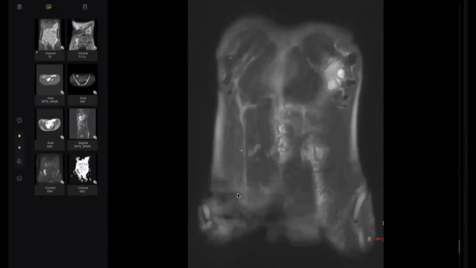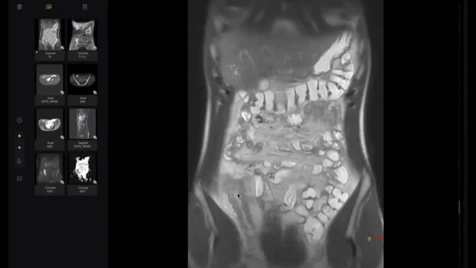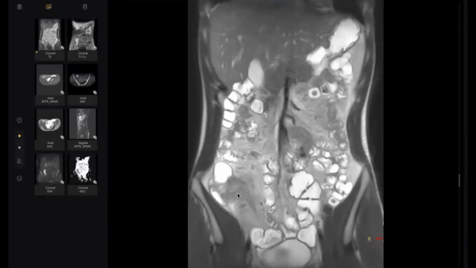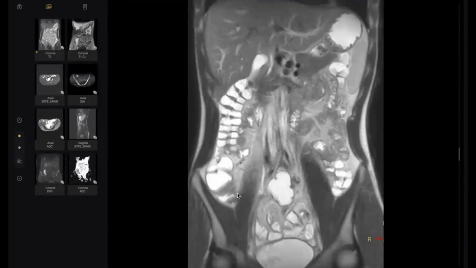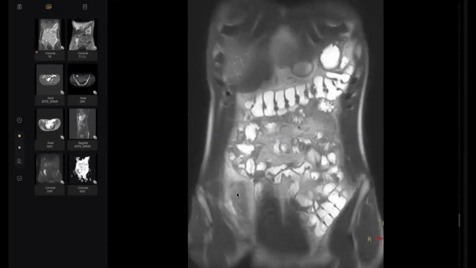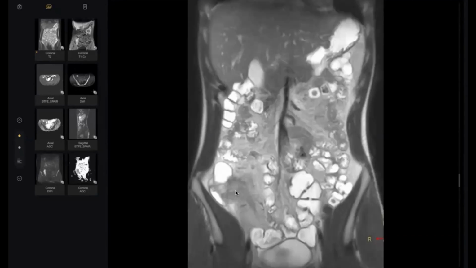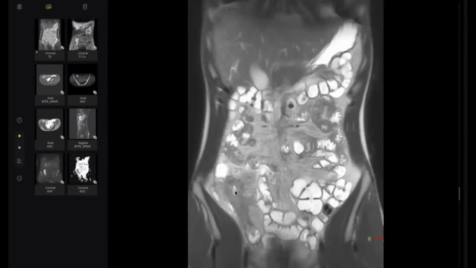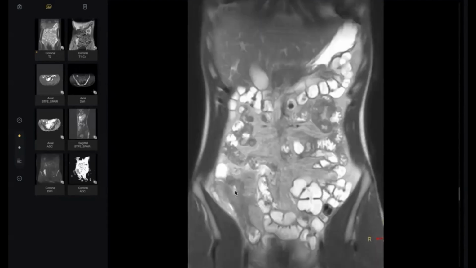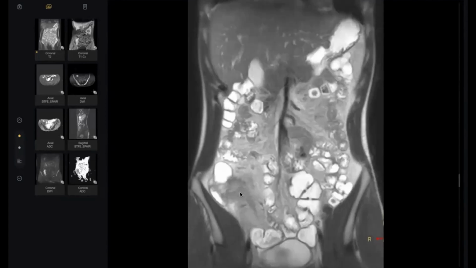Okay, what history should you ask about? So there could be specific travel. No. What else? There could be Yersinia, typhlitis, Crohn's disease. Okay, what question do you want to ask to prove or exclude typhlitis?